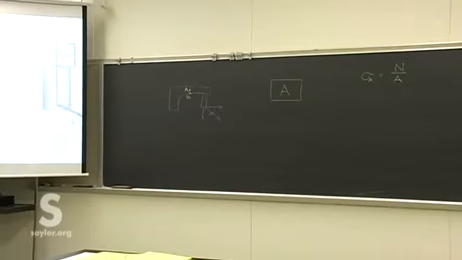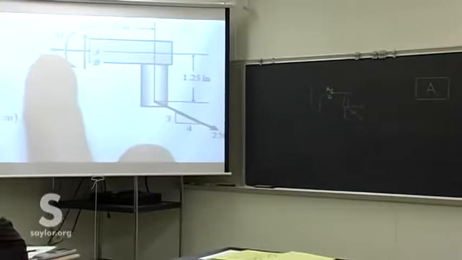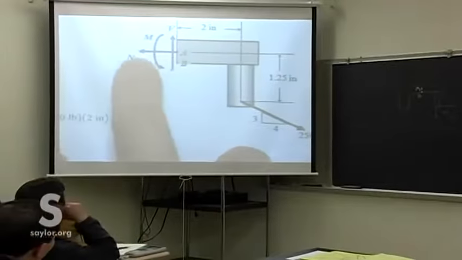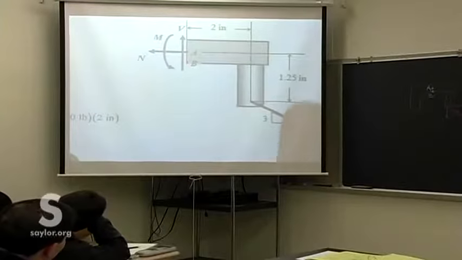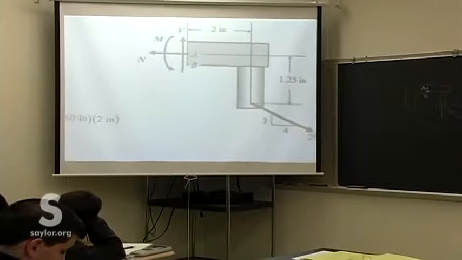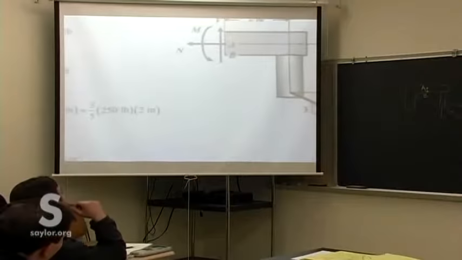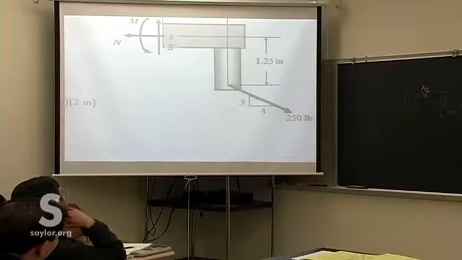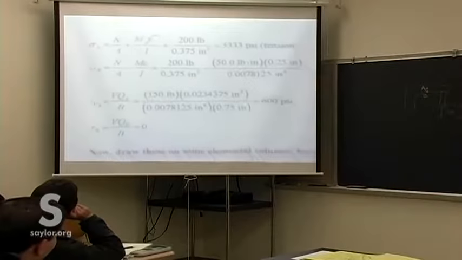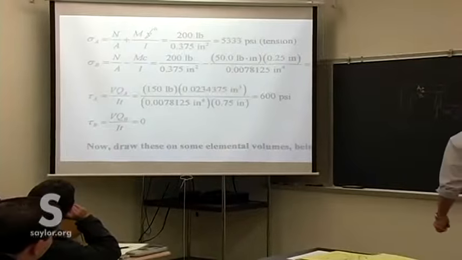If you go back to the free body diagram, that's this horizontal component N equal to the horizontal component of the force there. So it was just simply N was equal to 200, which is the horizontal component across here. And so it was a matter of doing that for the different pieces.